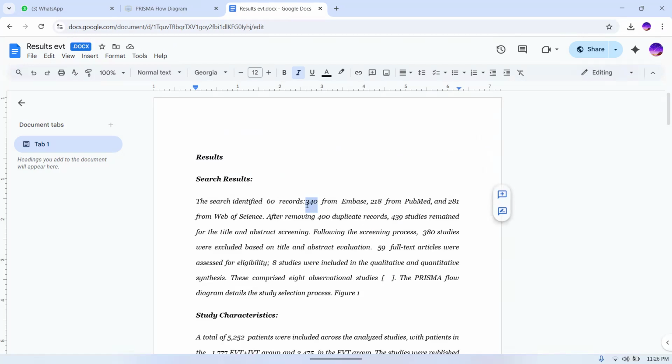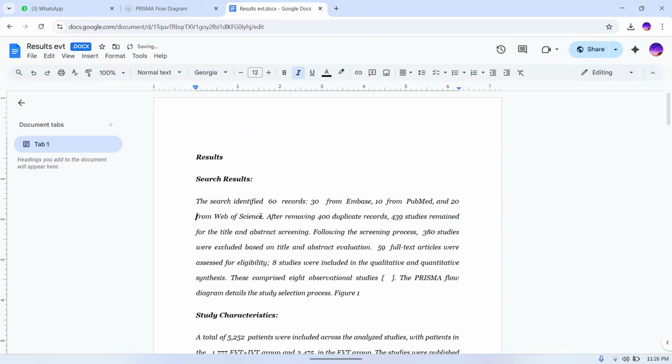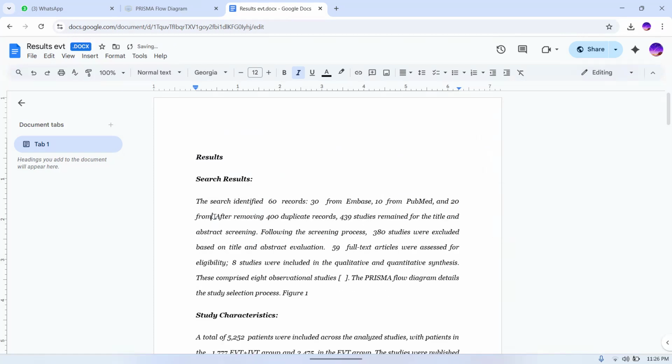How many from Embase? We imported 30 articles from Embase. How many from PubMed? 10 articles from PubMed and 20 articles from, not Web of Science. I basically in this study used Web of Science and Scopus. Right? After removing how many duplicates? We removed 10 duplicates. How many studies remained?